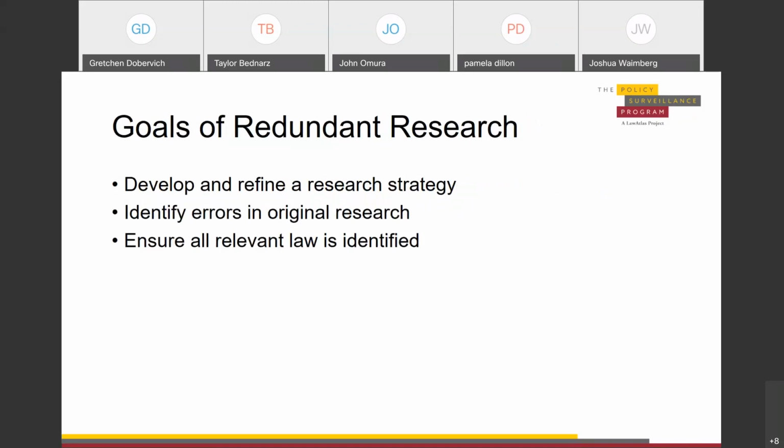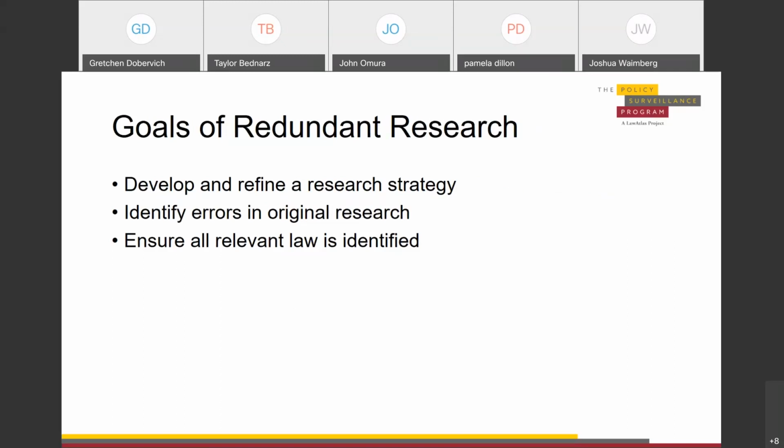So, the goals of redundant research. When we conduct redundant research, what we're trying to do is develop and refine a research strategy, identify errors in original research, and ensure that all relevant law is identified as part of the collecting the law process. Early on in the research process, we assign this redundant research because it helps us develop a thorough search strategy.